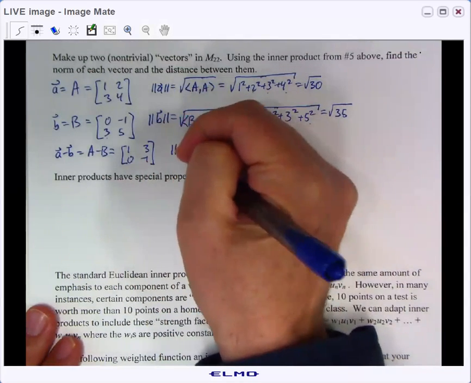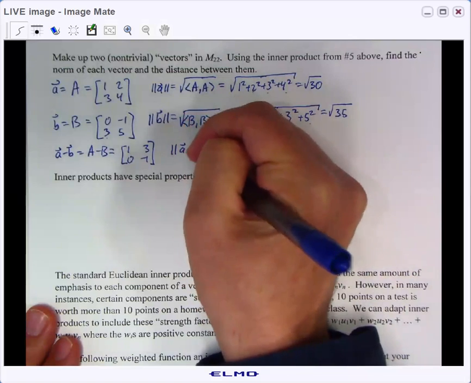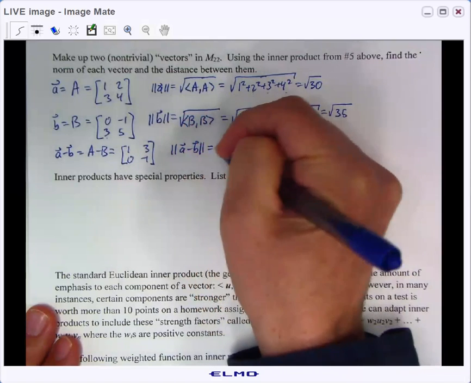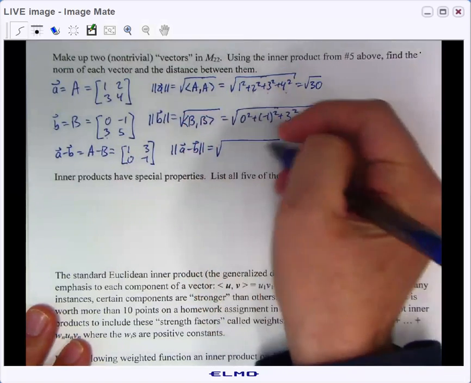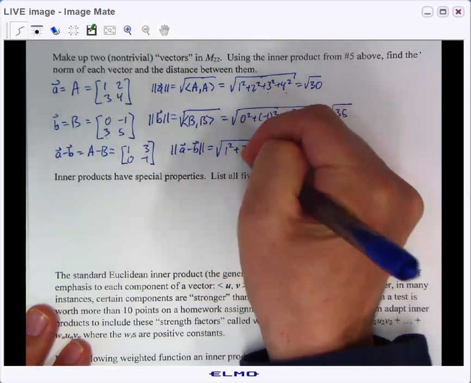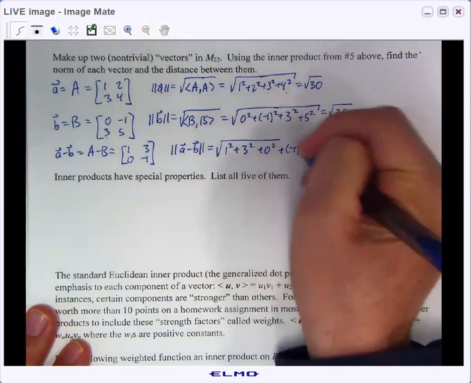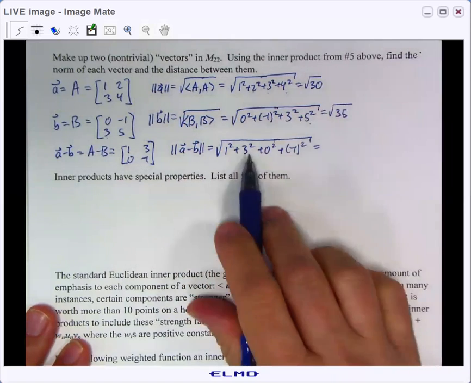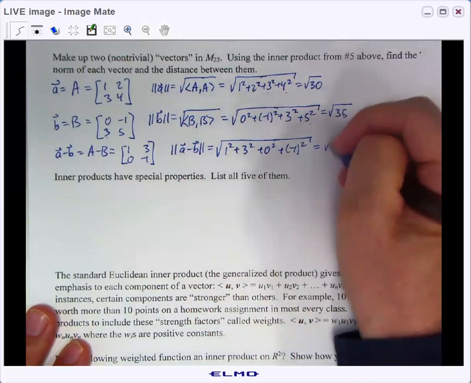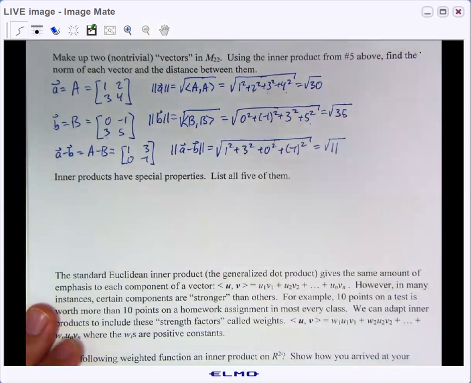So if we do the magnitude of A minus B, which would be the square root of 1 squared plus 3 squared plus 0 squared plus -1 squared, that will give us 9, 10, 11, the square root of 11. Your matrices may be different, so you might get slightly different answers, but you should be able to do basically the same process.